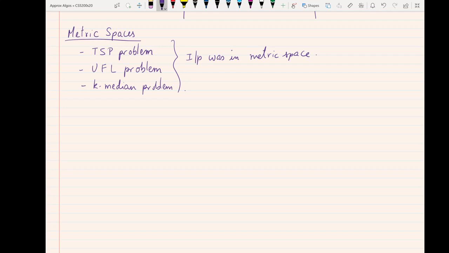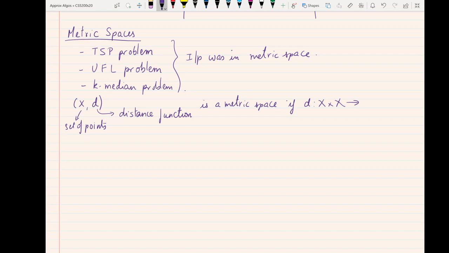If you recall, the definition that it used was the following: x comma d, where x is a set of points and d is a distance function, is a metric space if the function d, which takes as input a pair of points in x and goes to non-negative quantities, satisfies the following.